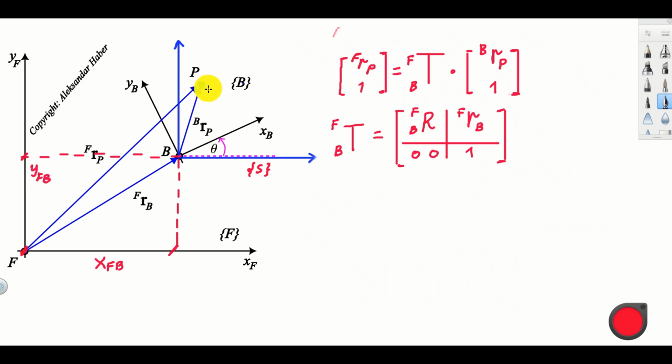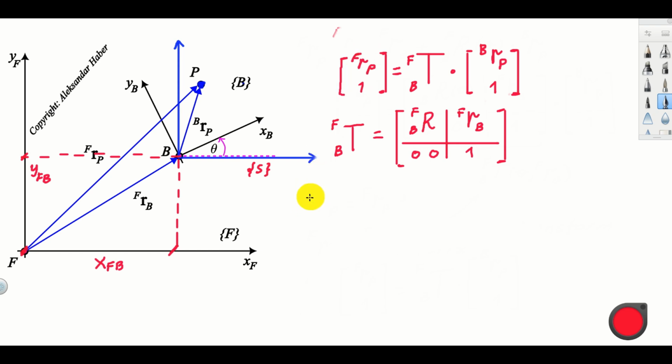Previously, we have also projected our vector RPB onto the B and onto the F frames, and just stop this tutorial, go a few minutes back in the past, and you will see these projections. And over here I will write everything. So let's see the result.